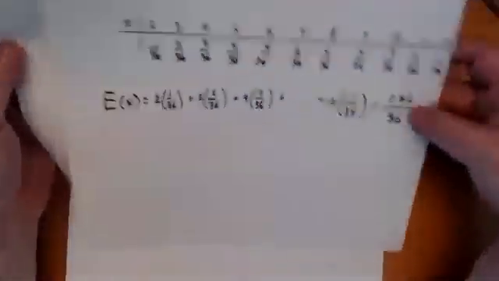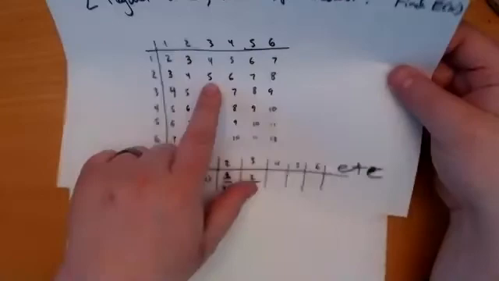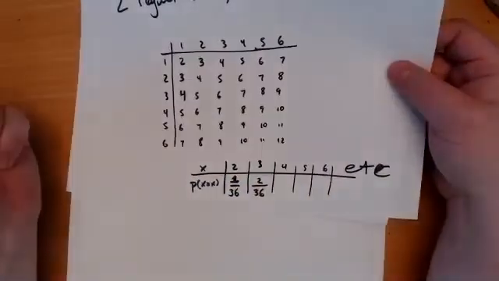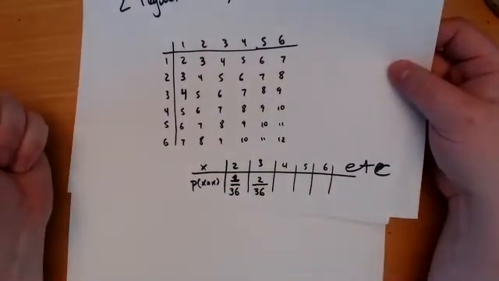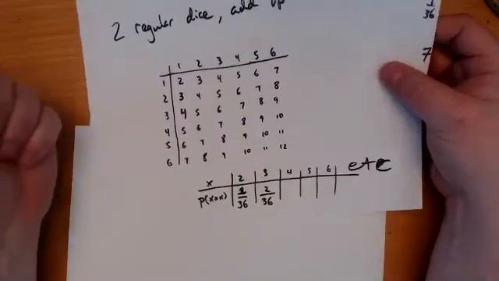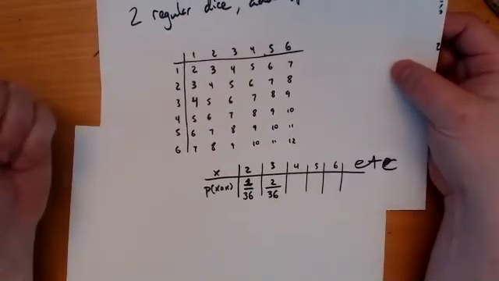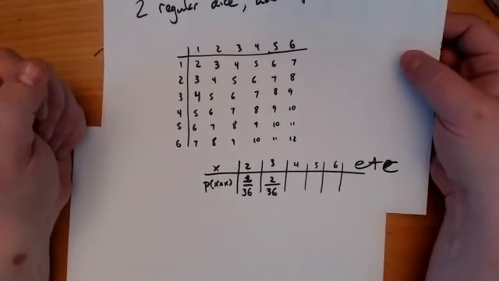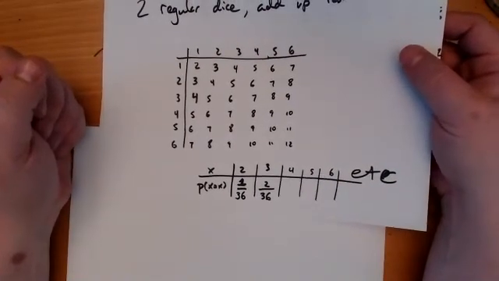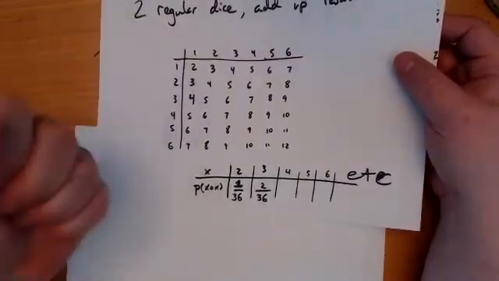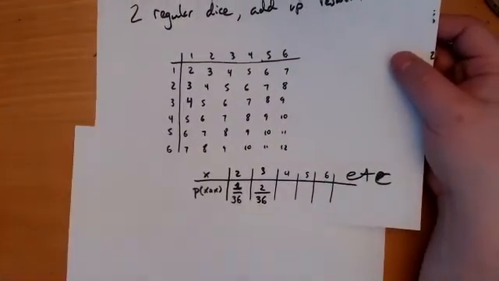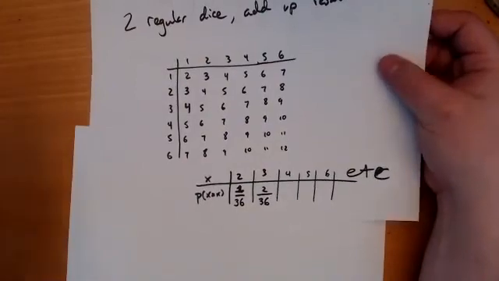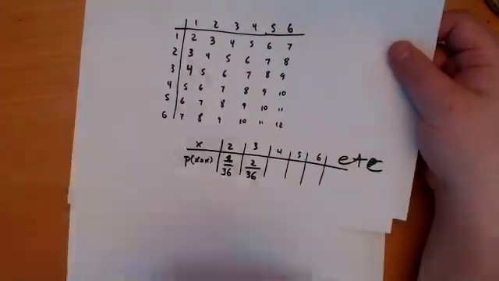So if he rolls a 2 and a 3, he would win $5. What would the expectation value be in a game like that? It costs you $8 to get the dice in your hand, and then you roll them and you get how many points there are.